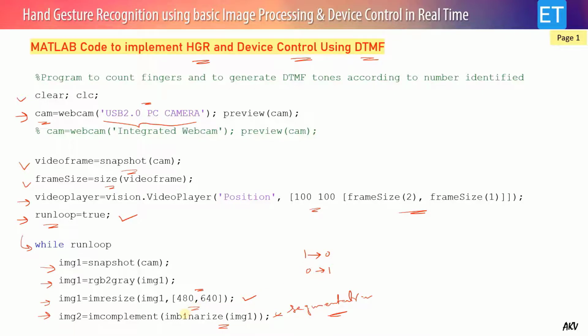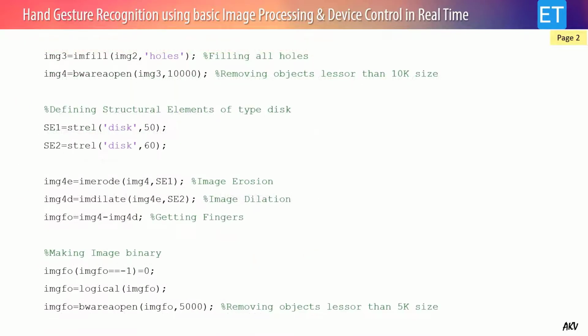The reason is that for morphological operations, we need the object of value 1, I mean of white color on the black background. But when we binarize our image, we get the reverse of it because our background is light and the hand becomes darker. So the hand becomes black and the background becomes white. That's why we are doing the complement of this image using imcomplement. That is required for the coming steps.